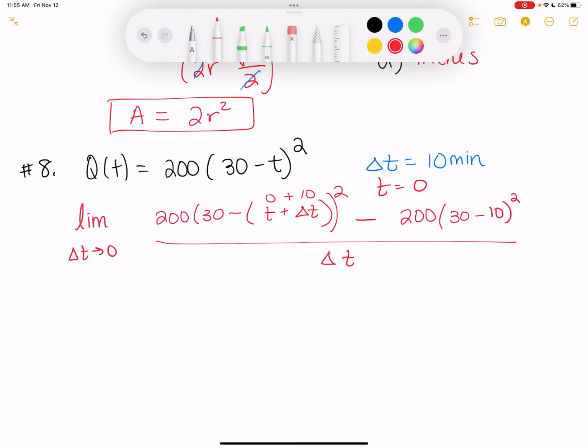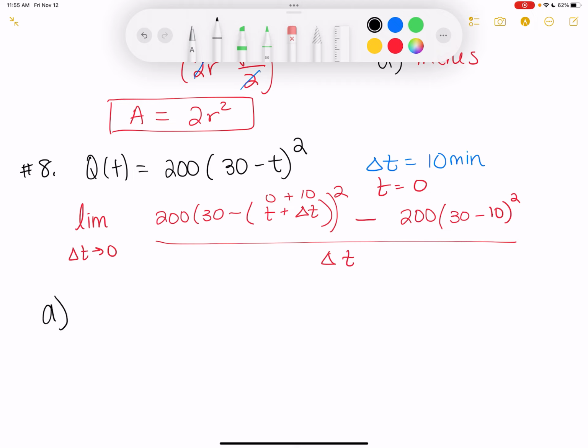Okay, hold on. So then we have, how fast is the water running out at the end of 10 minutes? Oh, okay, hold on. I'm getting a little bit ahead of myself. That's why I was like, wait a second, where's this going?